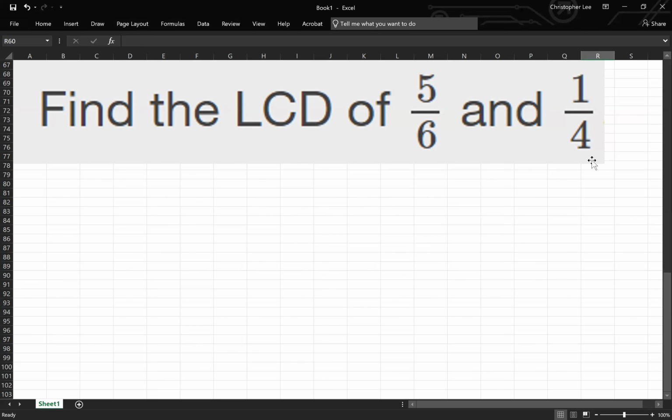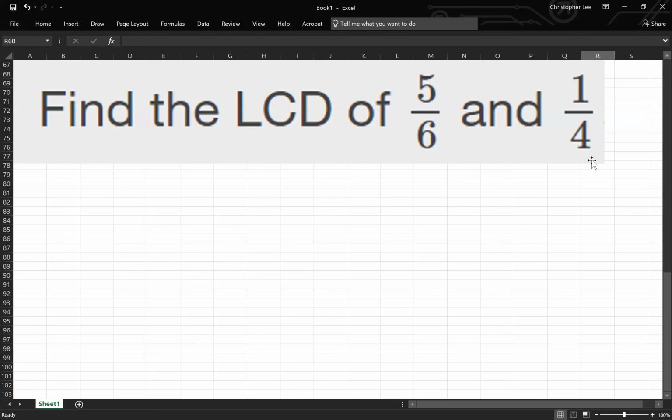What do you say? In other words, like what is the largest number that 6 and 4 goes into evenly? No, no, no, not the number that goes into them, the largest number that they go into, the reverse.